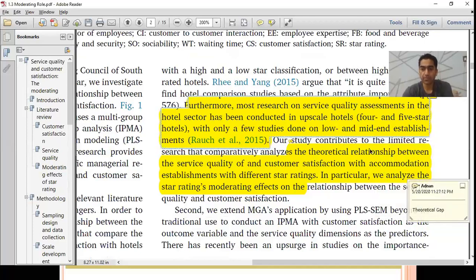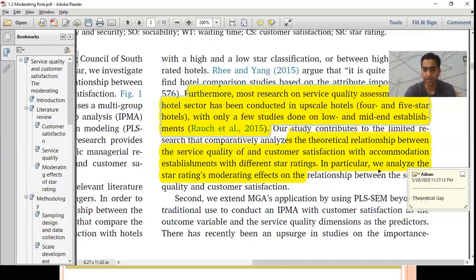Our study contributes to the limited research that comparatively analyzes the theoretical relationship between the service quality of and customer satisfaction with accommodation establishments with different star ratings. In particular, we analyze star rating's moderating effect on the relationship between service quality and customer satisfaction.